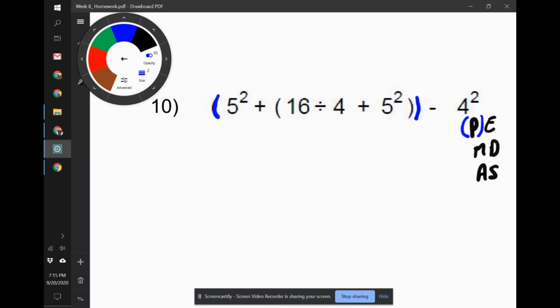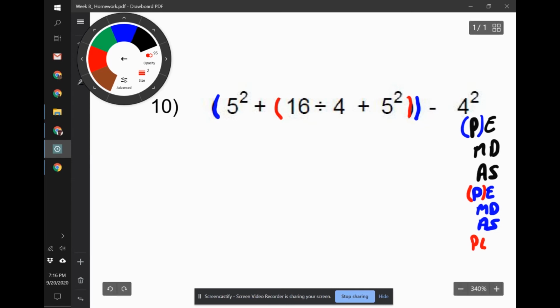Inside that set of parentheses, we have to follow PEMDAS again. Inside that set of parentheses is another set of parentheses, and we're going to call them the red set. And inside that, we have yet another problem that we actually have to follow PEMDAS with.